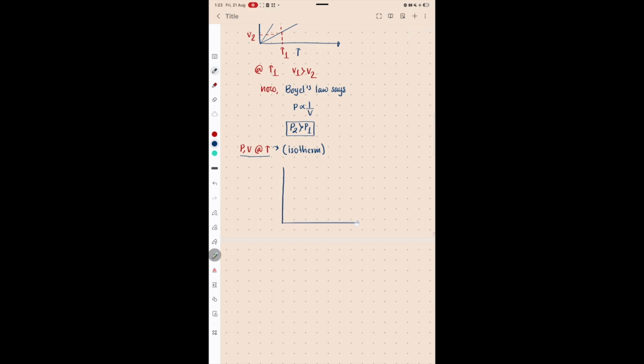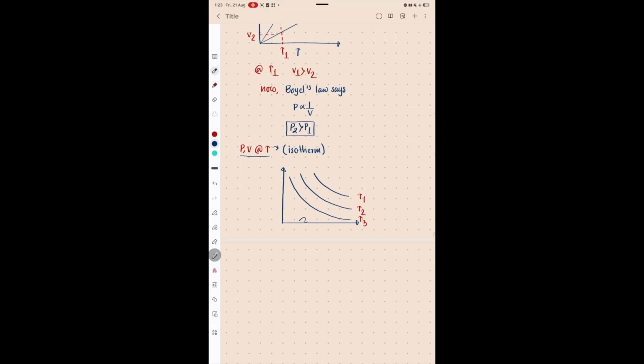So now if I plot isotherms for different temperatures, let's say like this, like this, and like this. So this one is for temperature T1, this one is for temperature T2, and this one is for temperature T3, right?